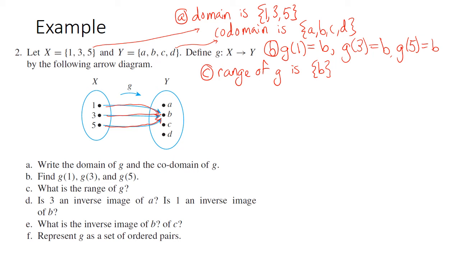All right, part D, is 3 an inverse image of A? What that's really asking is, is there an arrow from 3 to A? Or if you follow an arrow back from A, will it lead you back to 3?